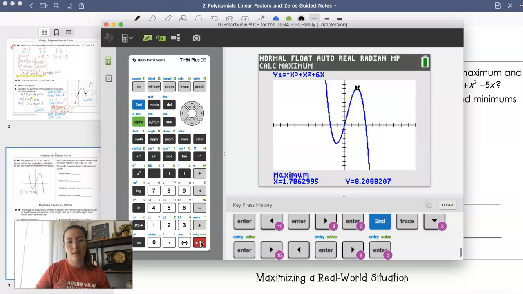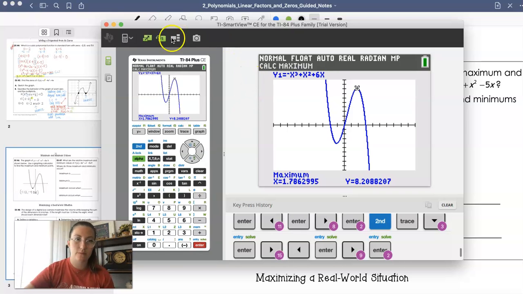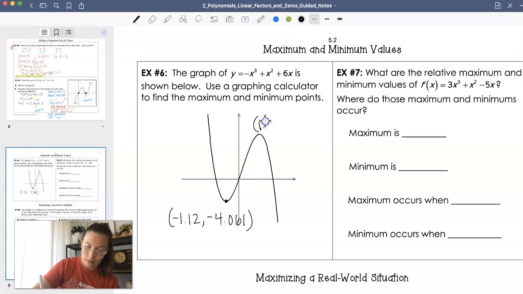Press enter, and it gives me our maximum at 1.786 and 8.209, rounding to 3 decimal places. So we're at 1.786 and 8.209.